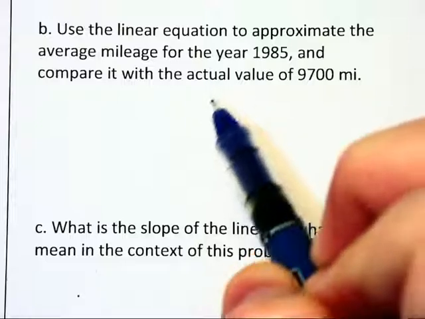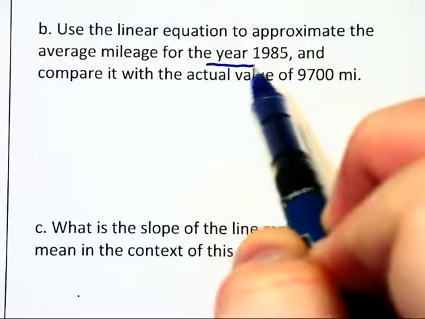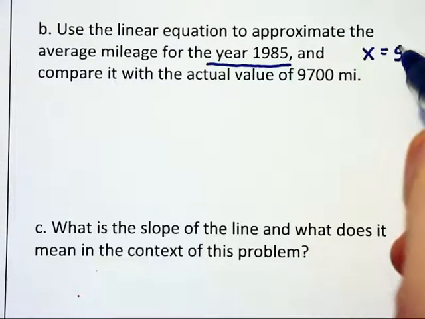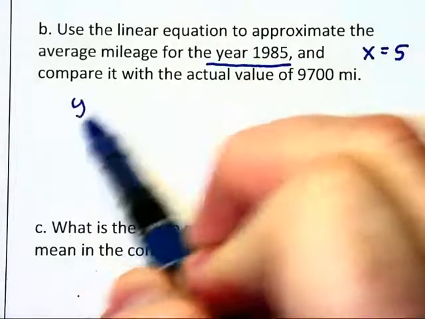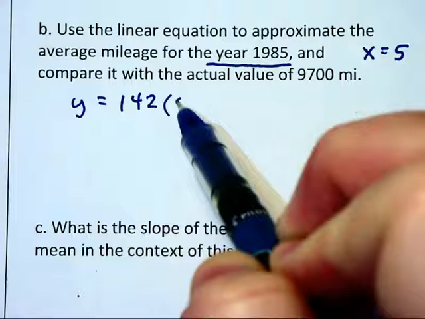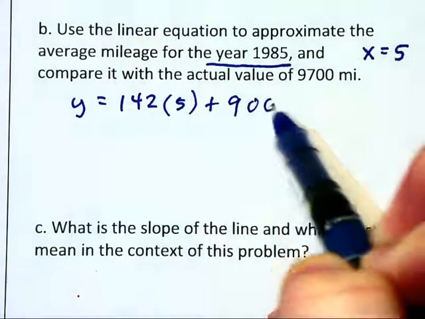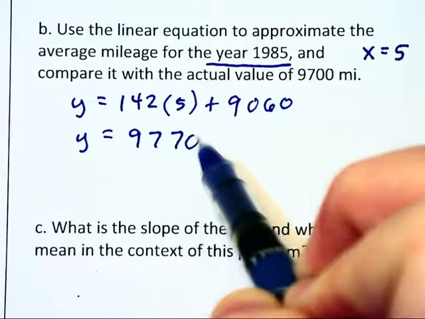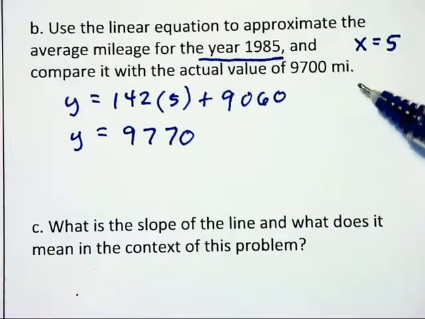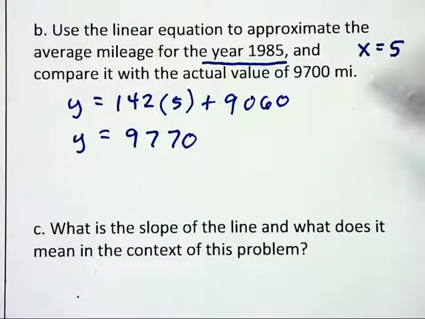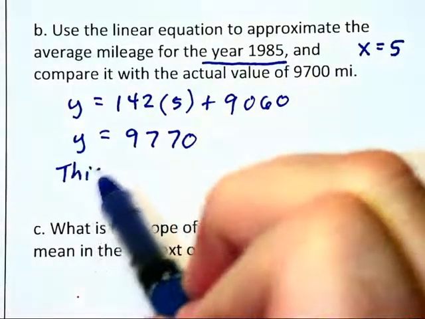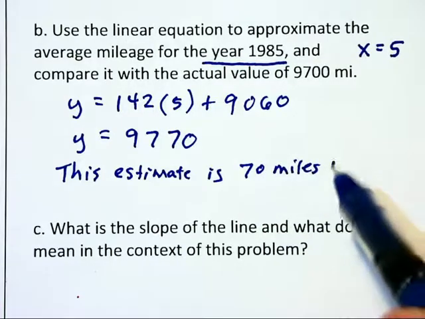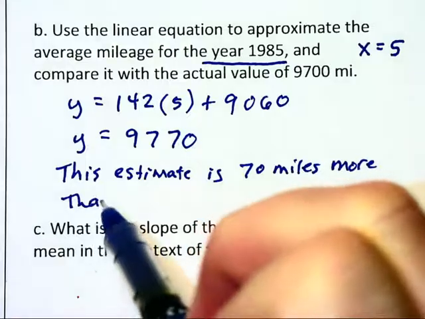Now they want us to use the equation to find an approximation for the year 1985, and that would be when x is going to equal 5. So the approximation will be 142 times 5 plus 9,060. And that is going to equal 9,770 miles. Now, compare this with the actual value of 9,700 miles. Basically, we can say this estimate is 70 miles more than the actual mileage.